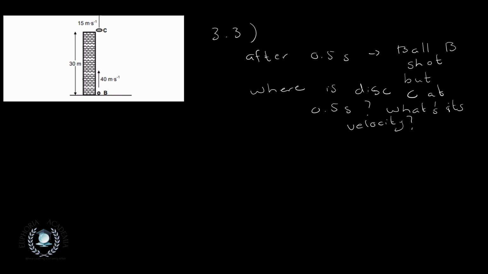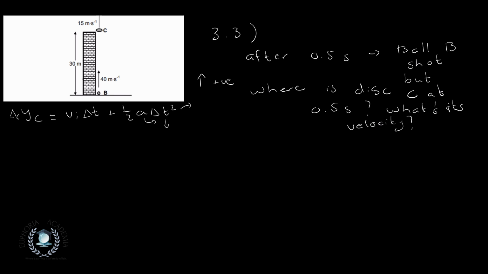So the distance, or let's just say the displacement of C after 0.5 seconds, can be found as VI multiplied by delta T plus half acceleration multiplied by the square of delta T. Now I'm still taking up as positive, and we know that our acceleration acts downwards.